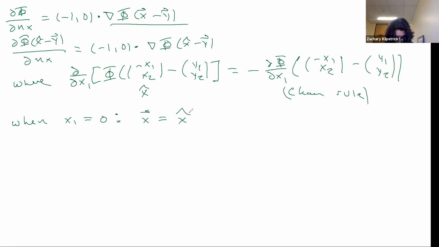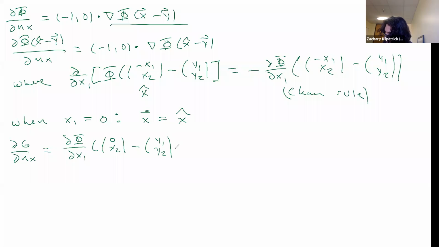So that means that dg dnx then, in this case, is just going to be d phi dx1, right, evaluated at 0, x2 minus y1, y2 minus d phi dx1.